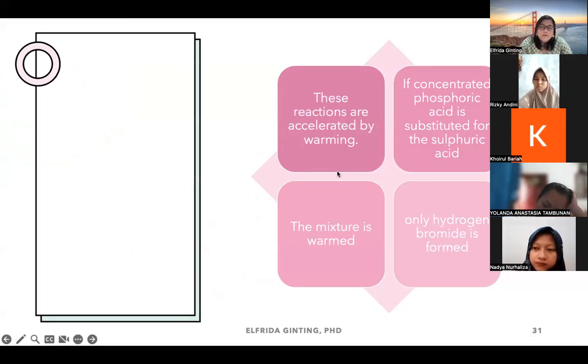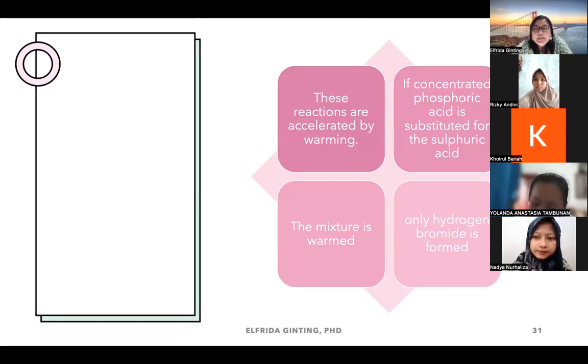Now, if we use phosphoric acid instead of sulfuric acid, we need to warm it up first, and then we can see that hydrogen bromide will form. So only using sulfuric acid can you produce hydrogen bromide and bromine. But if you use phosphoric acid, only hydrogen bromide will be formed.